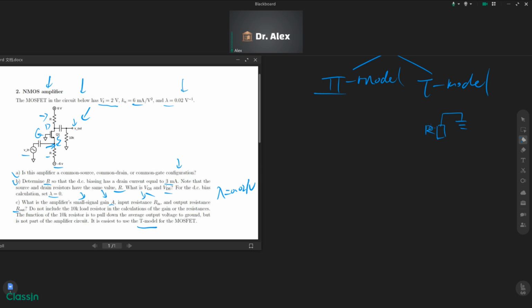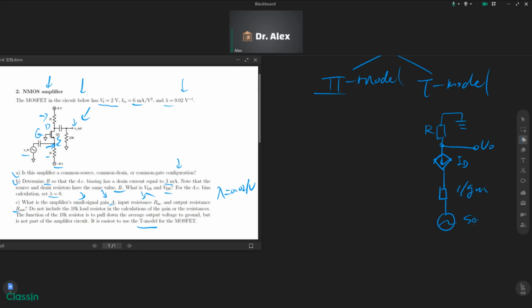This is our resistor at the drain. This is our ID. This is our output voltage. And next, it is an embedded resistor, which is the reciprocal of the transconductance.